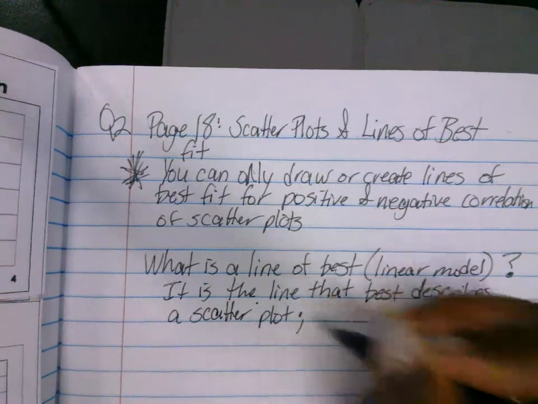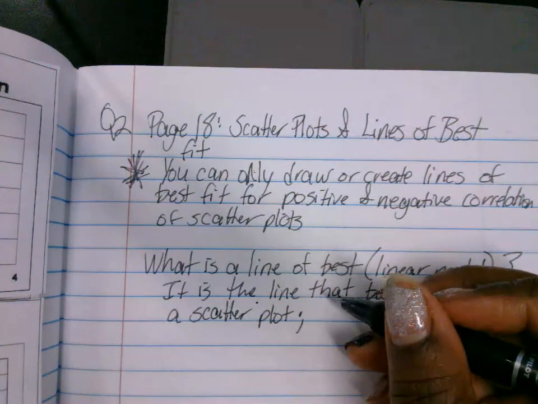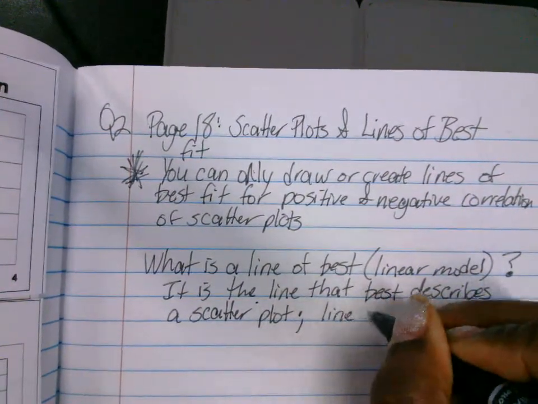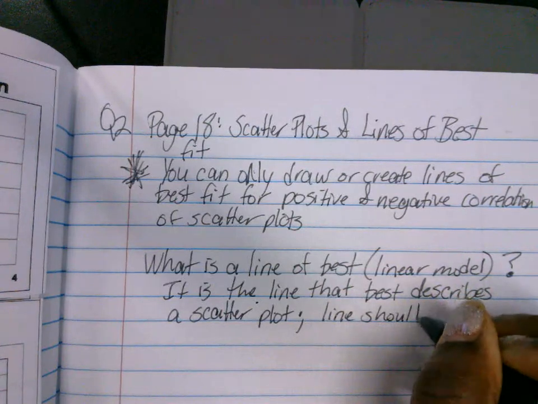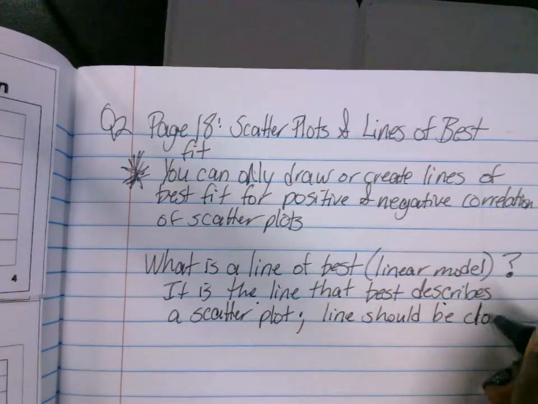That means that that line is going to be in the center of the points. Most of the points should either be on the line or near the line. So the line should be in the center of the points. It should be close to the center.